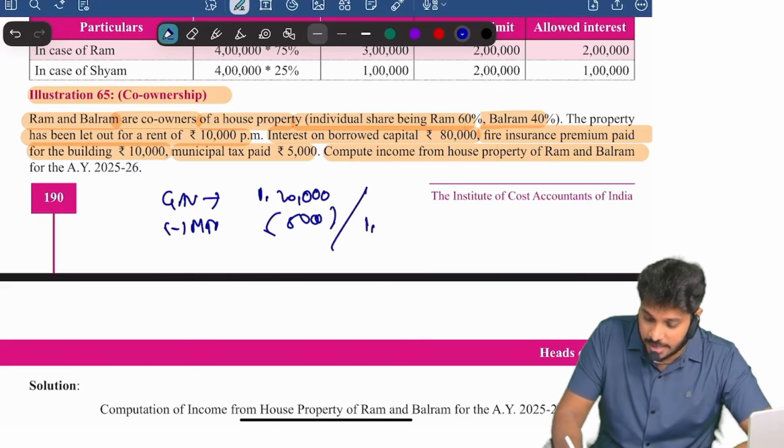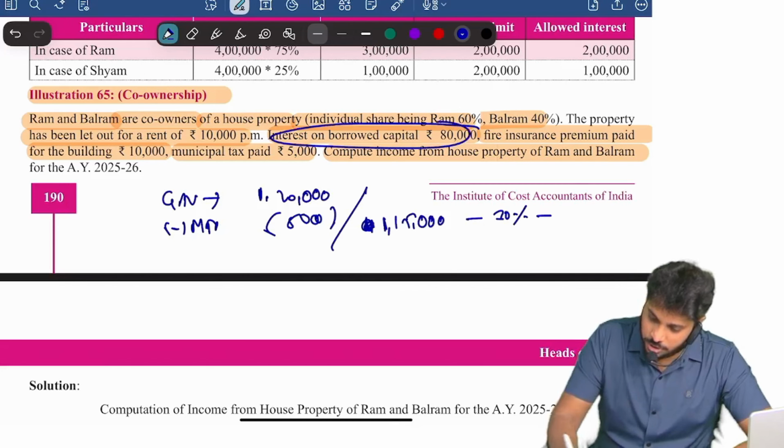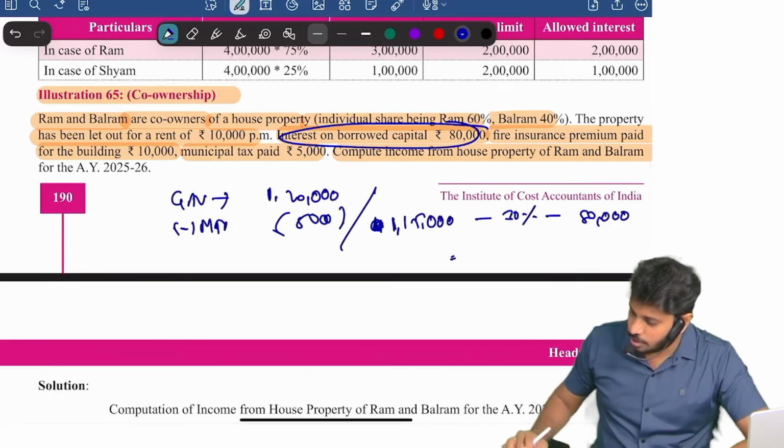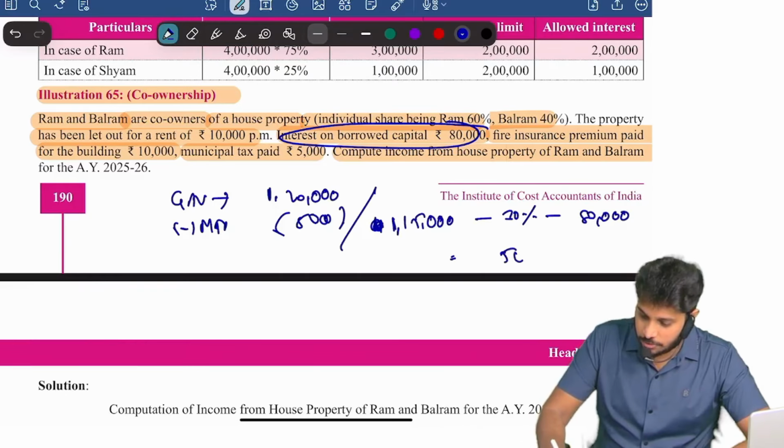Therefore net annual value 1 lakh 15,000 minus 30% minus interest on loan, how much? 80,000. Fully 80,000 you can claim. Correct? Yes, it is equal to 1 lakh 15,000 minus 30% minus 80,000 is equal to 500 rupees.